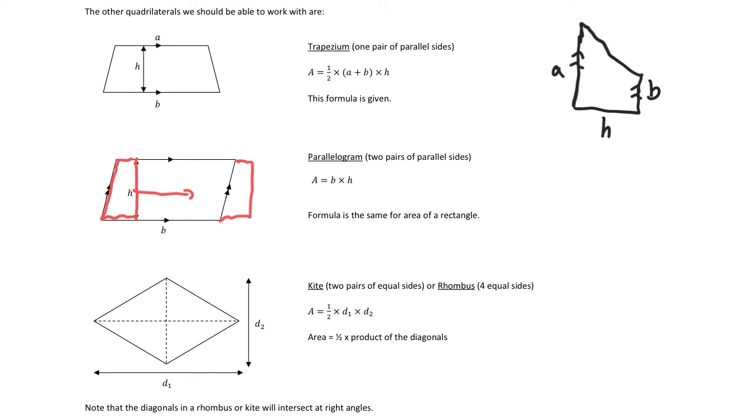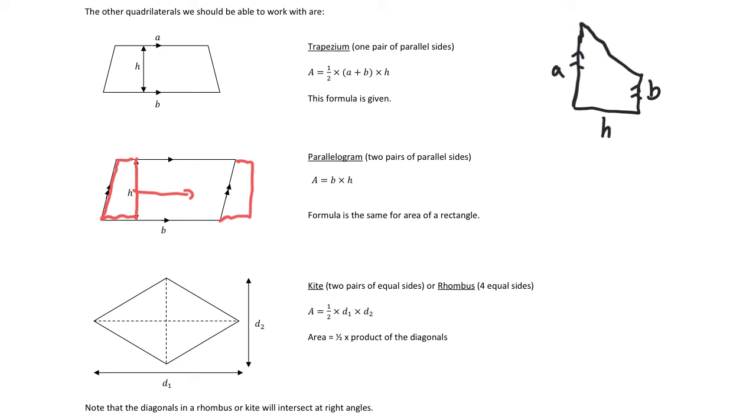A kite or a rhombus, to work it out, it comes from the fact that we've got two separate triangles contained within the shape. Now, I suppose you could think there's 4 as well. But what it is, it's the product of the 2 diagonals and then divided by 2. So for this rhombus, it's the diagonals multiplied together and then halved.